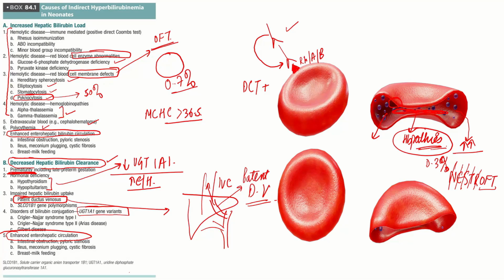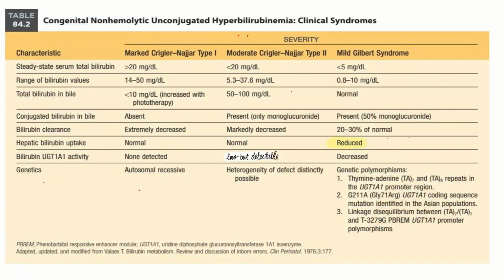Lastly, we have UGT1A1 variants, also known as inborn errors of expression of UGT1A1 or indirect hyperbilirubinemia syndromes, which comprise 3 types. Based on severity, Crigler-Najjar type 1 has the most severe type of hyperbilirubinemia. Crigler-Najjar type 2, also known as Arias syndrome, has a moderate amount of hyperbilirubinemia. And then we have Gilbert syndrome, which only has mild hyperbilirubinemia.